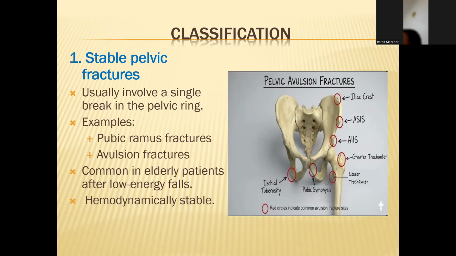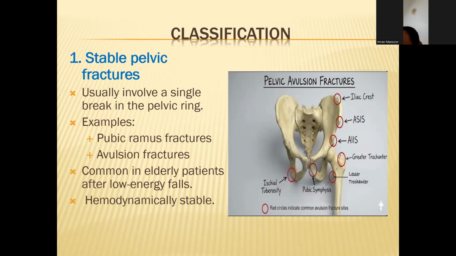So avulsion fractures can be of the iliac crest, anterior superior iliac spine, anterior inferior iliac spine, pubic symphysis, and ischial tuberosity. We can see all of these in the picture shown.